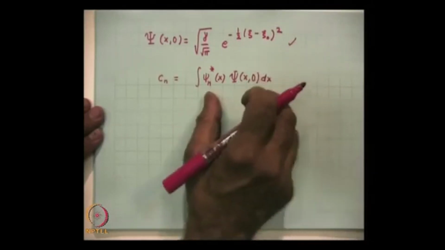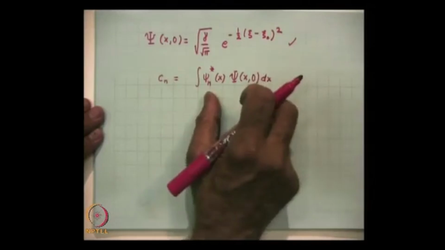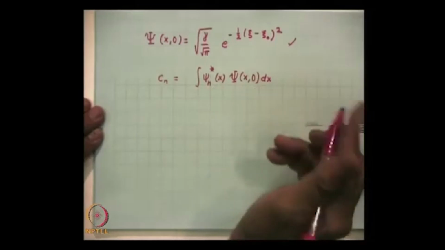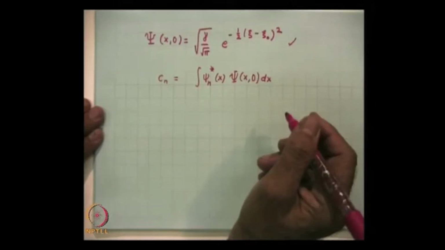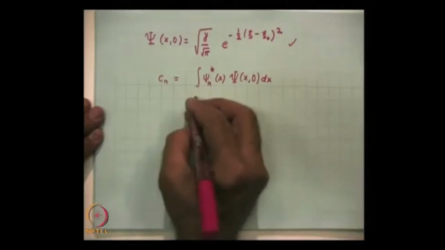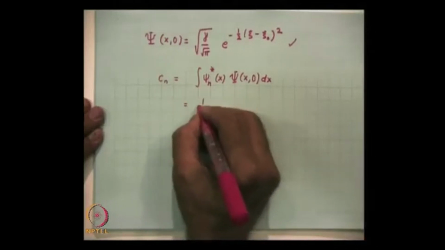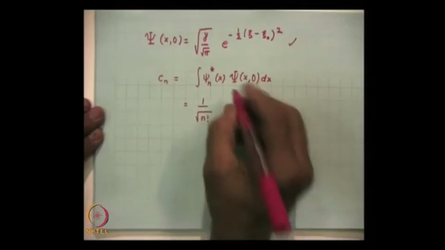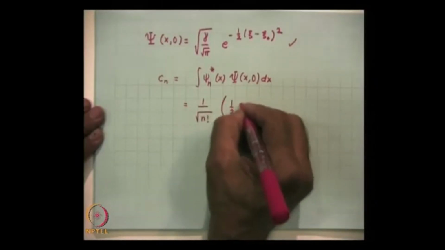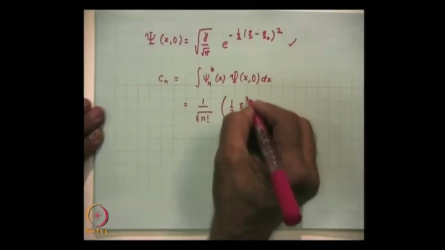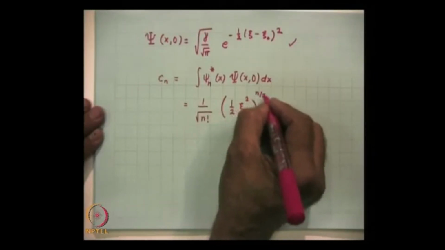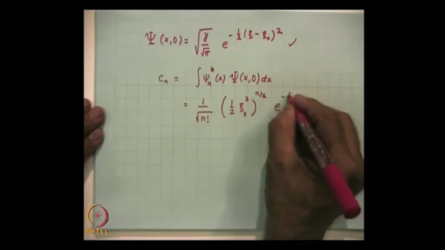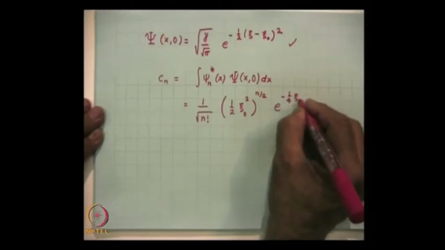The algebra is a bit complicated, involved. It is given in many books, including my book with Professor Lokanath. And the final result is slightly complicated: square root of (1 by n factorial) times (half xi naught square) raised to the power of n by 2, e to the power of minus quarter xi naught square.